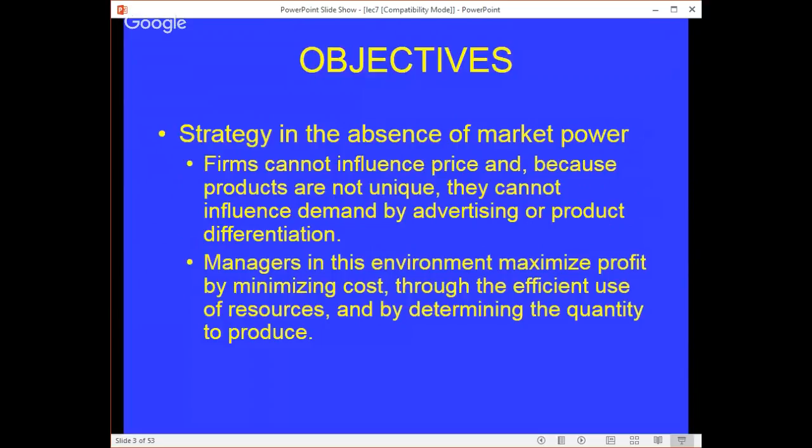Managers in this environment maximize profit by minimizing costs and through efficient use of resources and by determining the quantity to produce. Now, we saw last time that a profit maximizing firm sets marginal revenue equal to marginal cost. It's no different in a perfectly competitive market. It's just that there's so many other firms out there doing the same thing. You don't get to determine price.